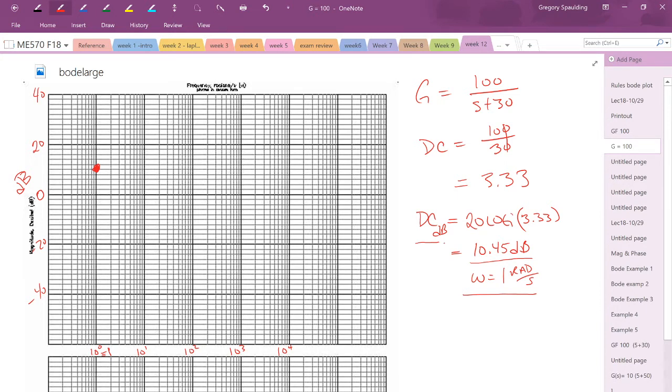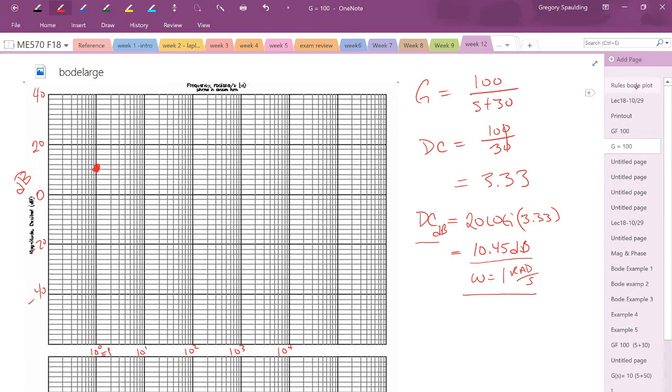Now, remember, we're entering sinusoids, so we don't technically have a DC on this because everything's moving as a sinusoid. And so what we're going to do is go to a very slow frequency, omega equal 1, and we're going to say, okay, if it's a slow frequency, then we're going to call that essentially DC. And so we're plotting that at omega equal 1.